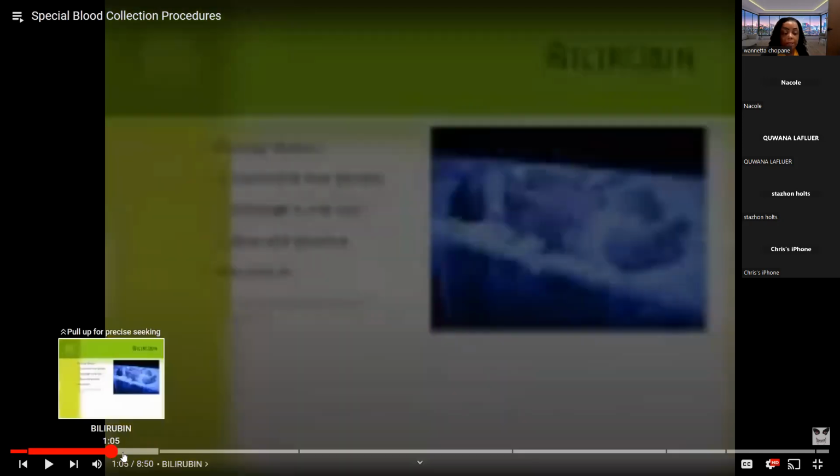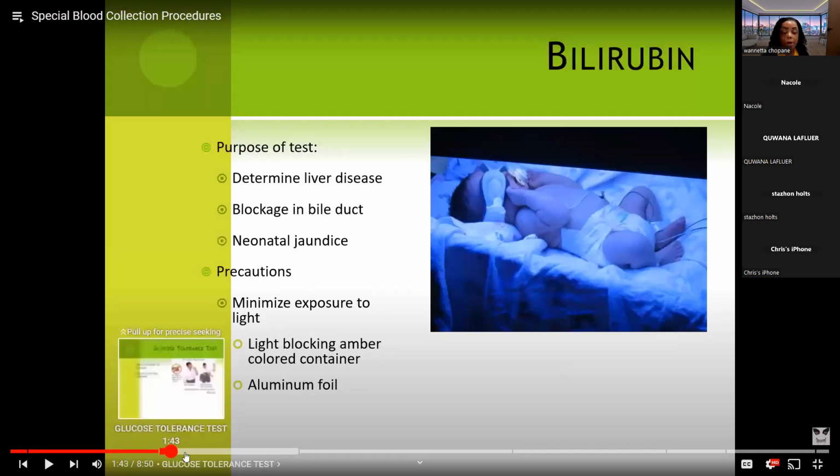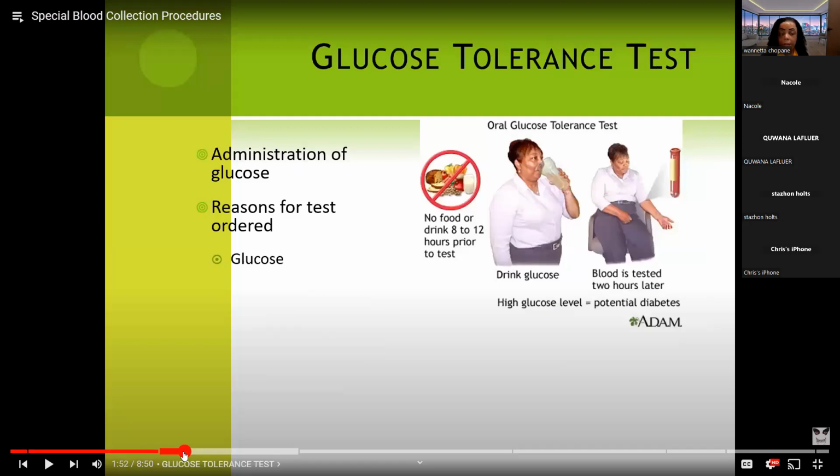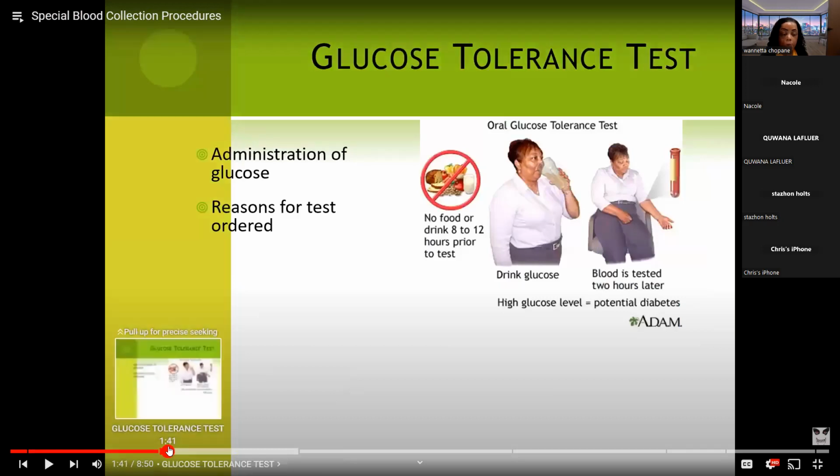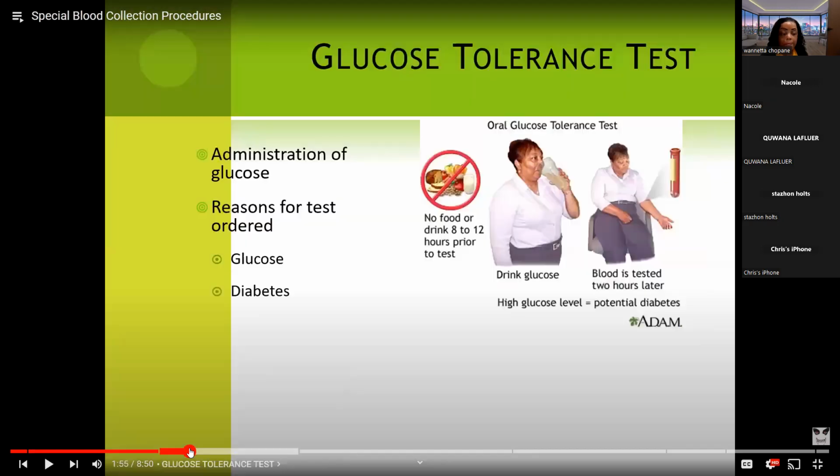But bilirubin needs to be protected from light, okay? Bilirubin, protected from light.